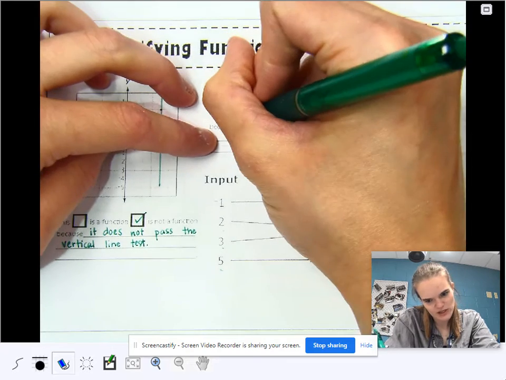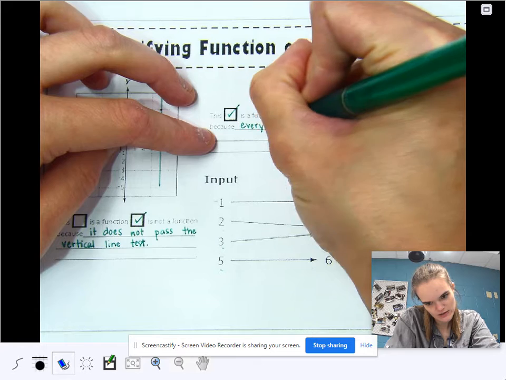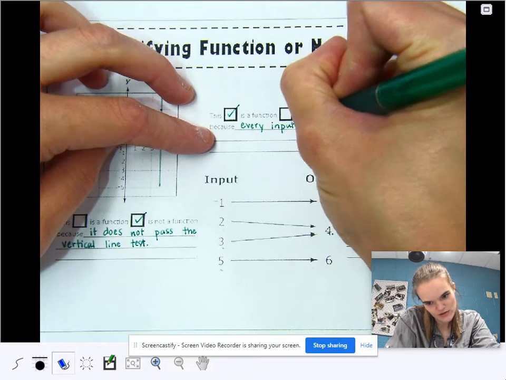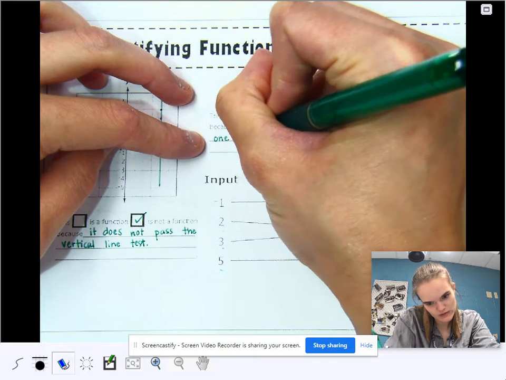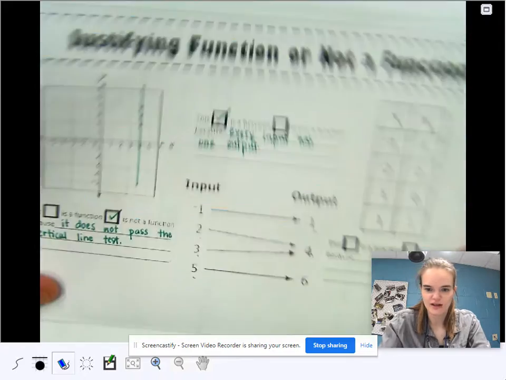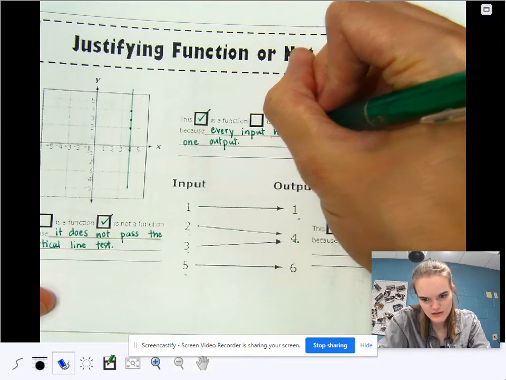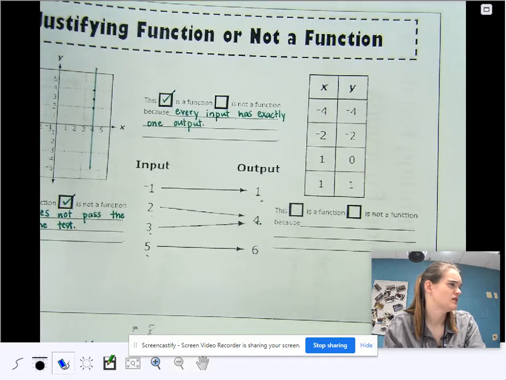This is a function because every input has one output. Exactly one. So just writing the definition there.